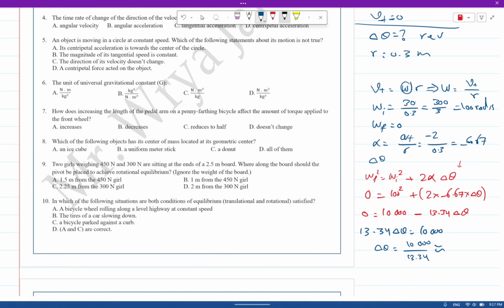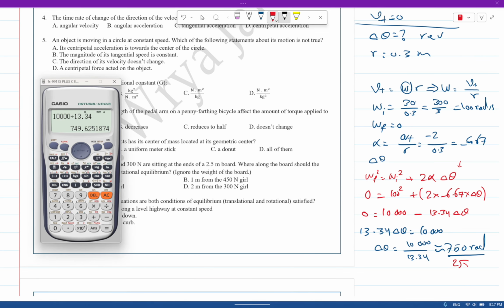Of course, we can round it up to 750, but this is in radian, don't forget. The question says how many revs. Now, you know that in order to convert radian to rev, we could just simply divide by 2 pi. So we can say 749 point whatever, or you could go ahead and divide 750, the same thing, divided by 2 pi. Use a bracket.